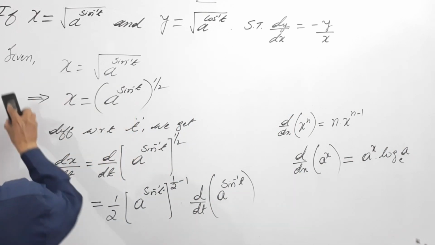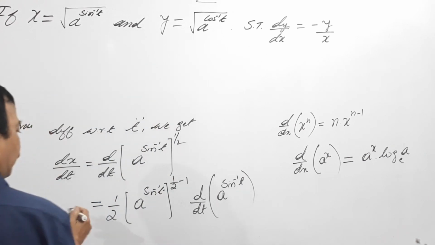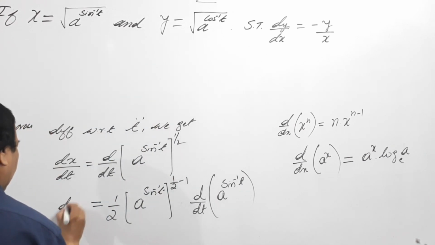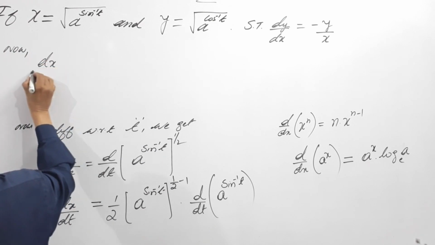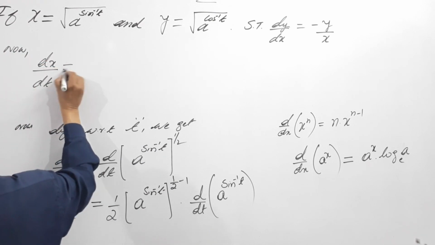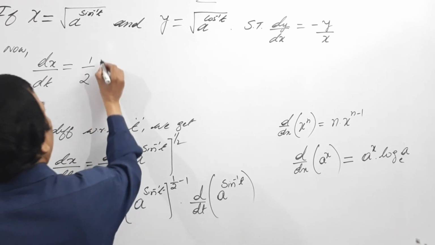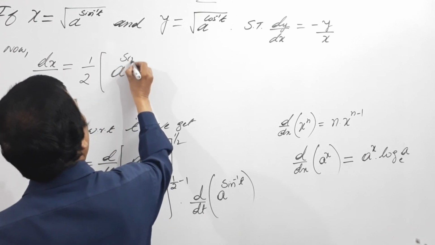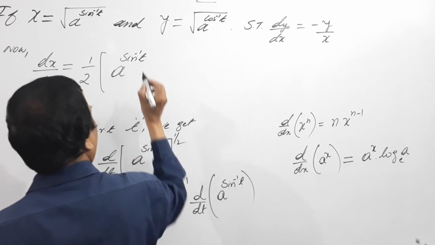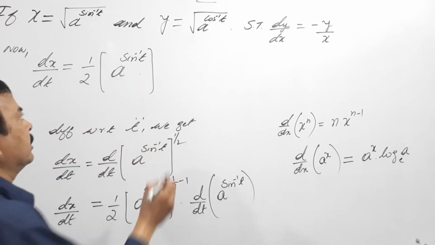So what I'll do, I'll rub this. What is this? This is our dx by dt. Now dx by dt equals half into a to the power of sine inverse t, to the power of half minus 1, which is minus half.